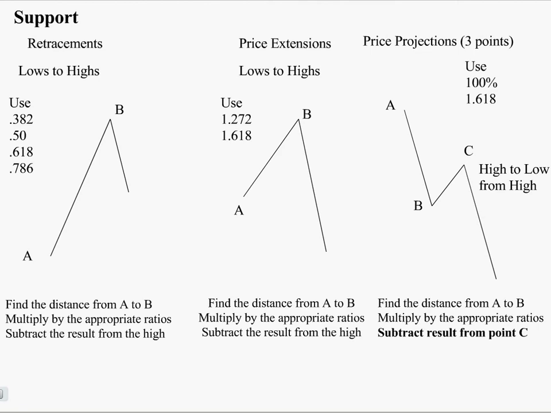And then also you would run the support lows to highs using the extensions of 1272, 1618. And then you would run support from prior high to low swings projected from another high using 100% or 1618. You might want to print those out if you're just getting started and just hang them up next to your computer.